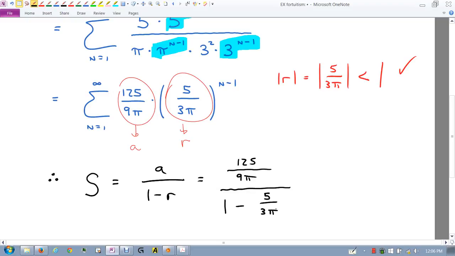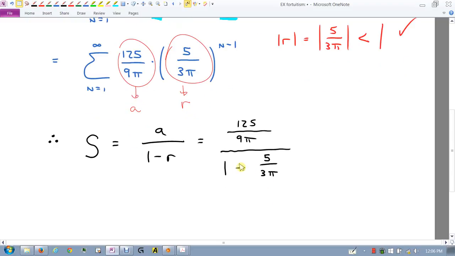And that's the exact answer. You could clean this up, get common denominators, flip things around. I just wouldn't take it to a decimal, because we're not asking for a decimal, we're asking for the exact answer. So that's it for that.